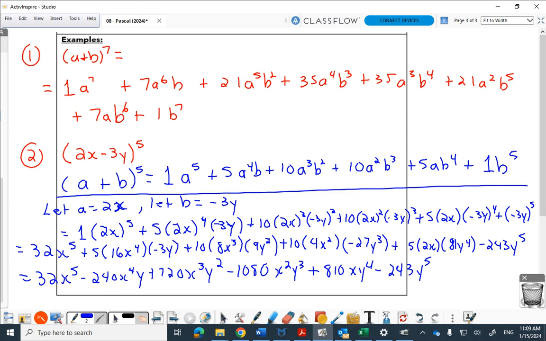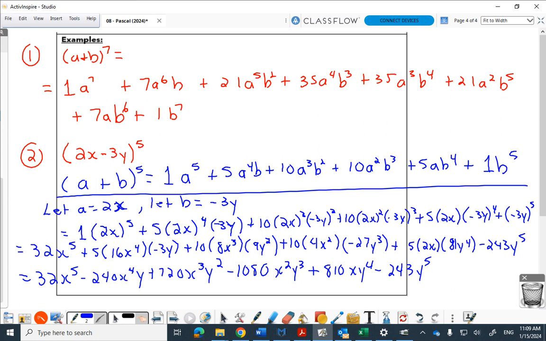Maybe I'll check it with my calculator just to make sure I don't have a video mistake here. It's horrifying when that happens. 2 to the power 5. Yes, 32. 5 times 2 to the 4th times negative 3.